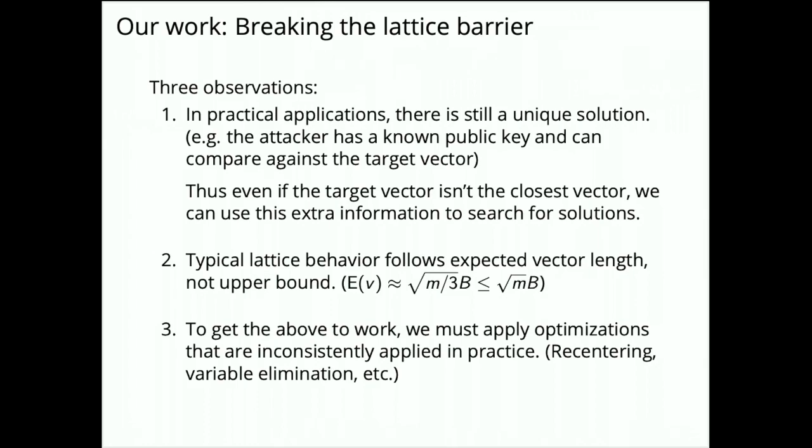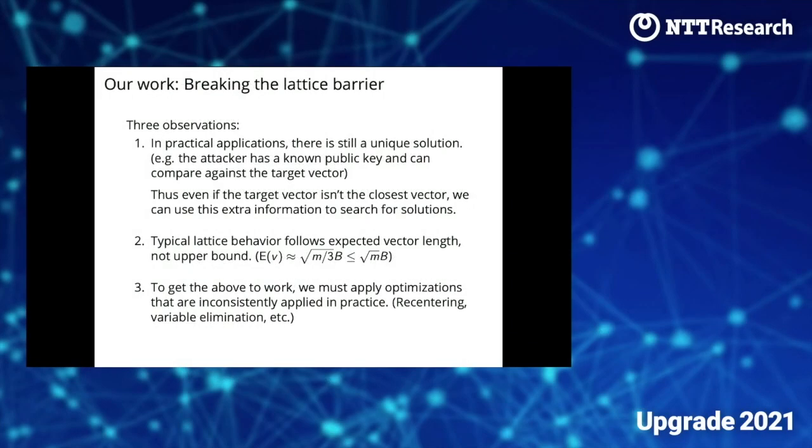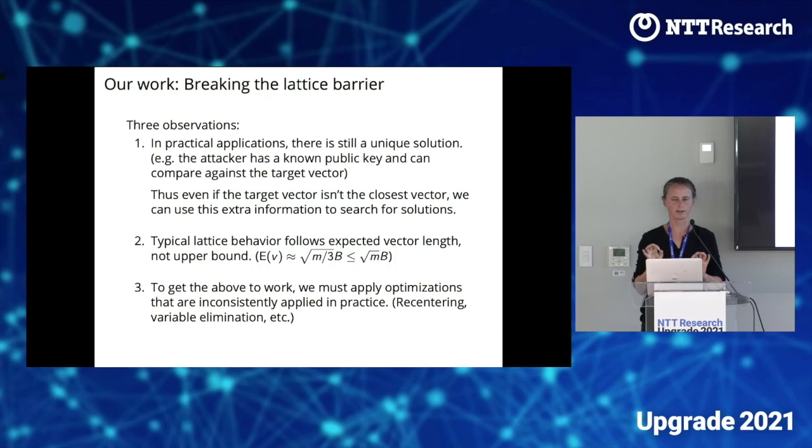The observation that we made in our paper is that this argument is not quite correct, and it is inexact in a way that helps a little bit with practice. We make 3 observations. The first is that in practical applications, there's still a unique solution. You don't actually need the solution to be the shortest vector in the lattice, because we know that the attacker has the public key for the system that they're attacking.